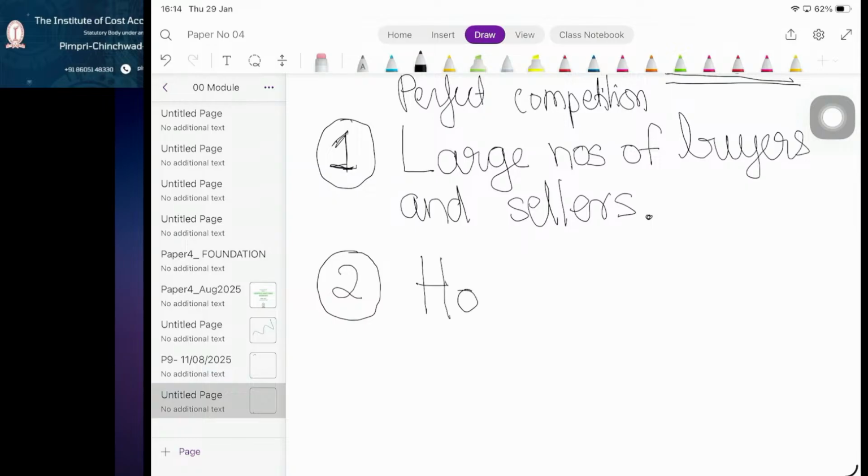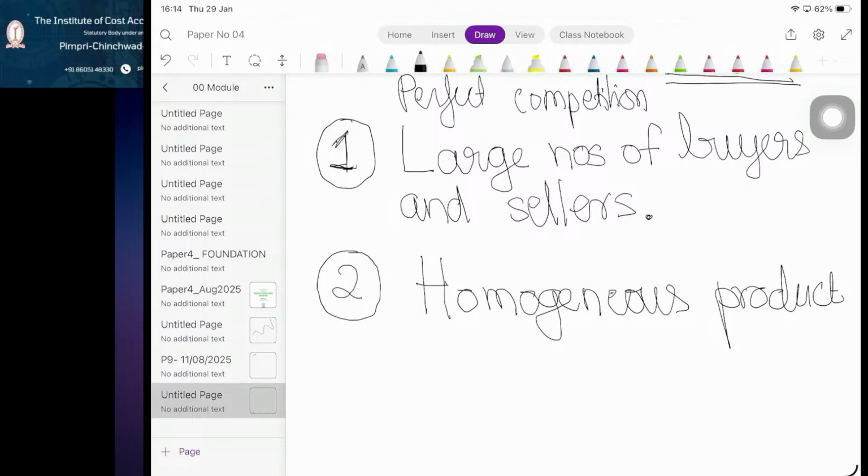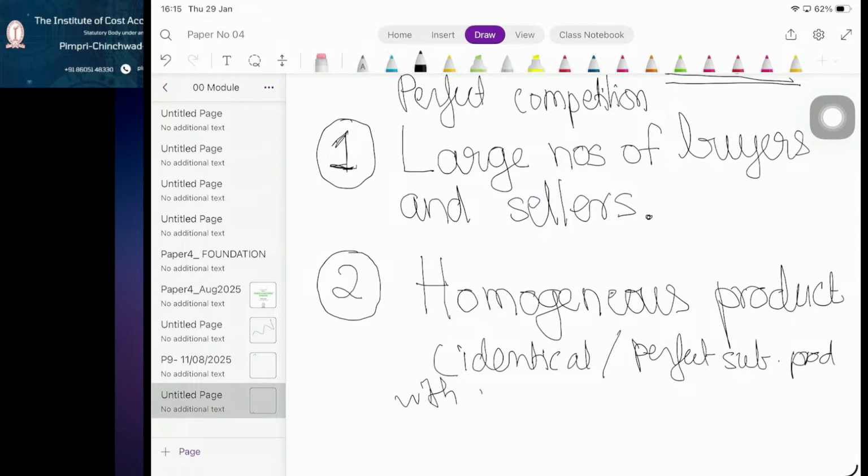Second, homogeneous product. Homogeneous means the product is identical, or you can say perfect substitutes of each other, with rival firms.